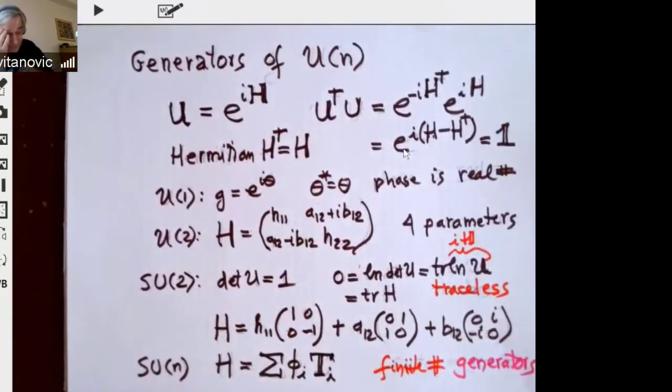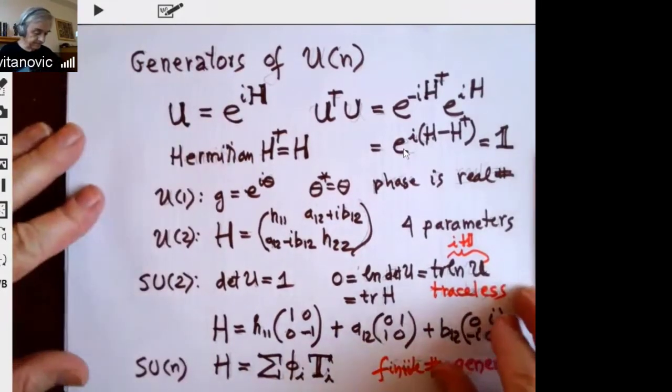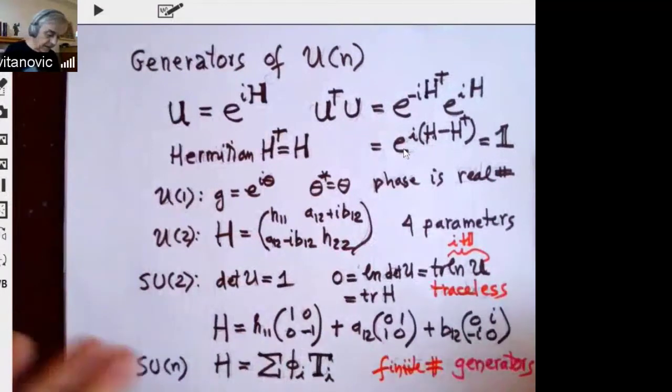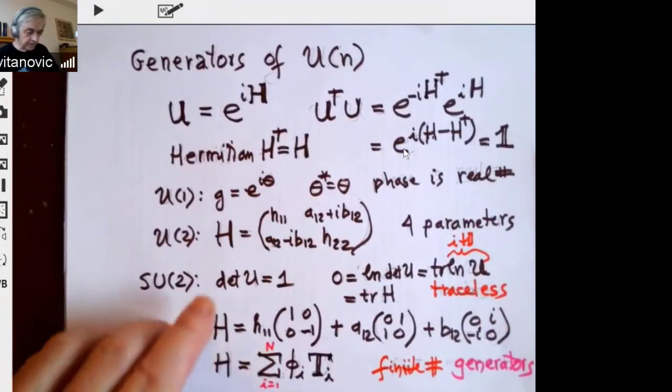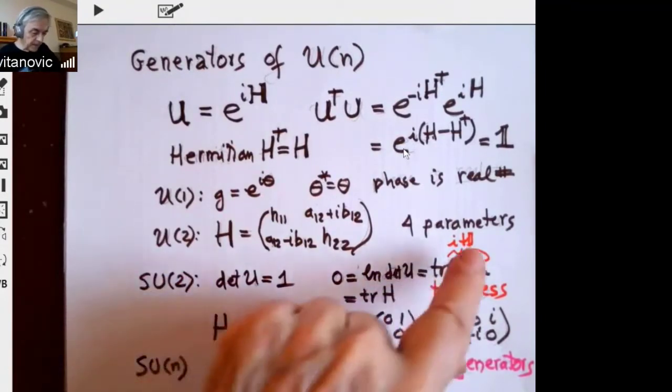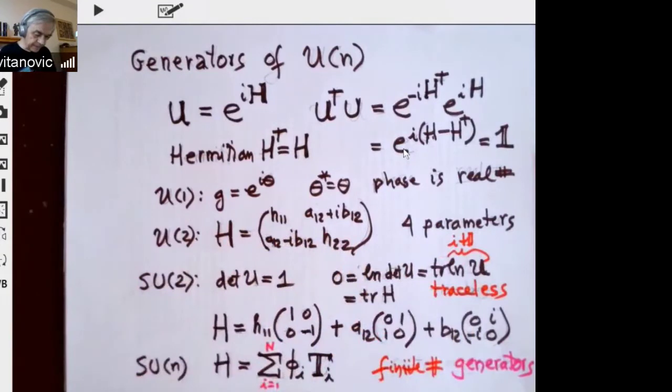So for any unitary group, you can rewrite any group element as a sum over i equals 1 to n. For example, there were 4 parameters for the unitary group, but actually there is one trace condition. So in general, for SU(N), there is n squared, where n is the dimension, minus 1 traceless condition, different matrices, and they're called bases.